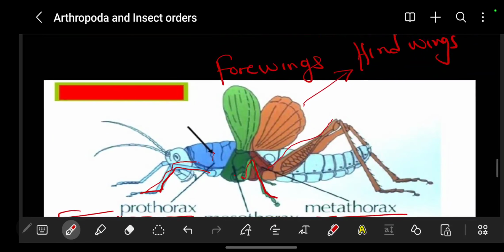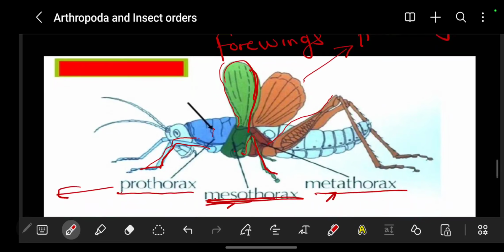So that is basically how the structure of the insect thorax is. Now, likewise, the function of these structures: the forewings have strong flight limbs, and generally they have strong flight muscles.